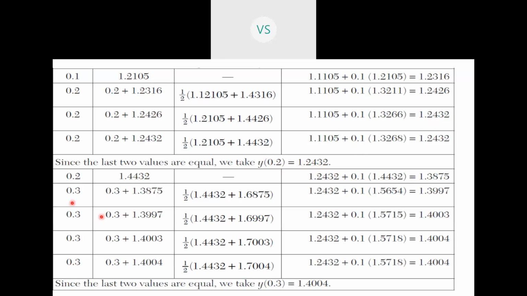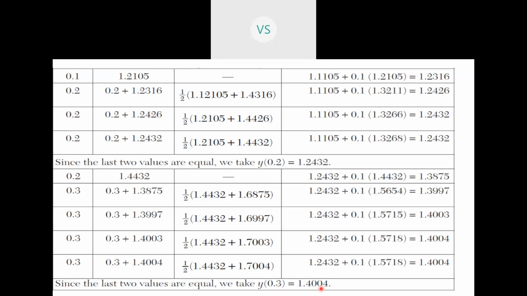Similarly, you have to find out for x equal to 0.3. Here you can see the last two values are 1.4004 and again 1.4004. So the criteria gets satisfied, and the final value of y will be 1.4004.